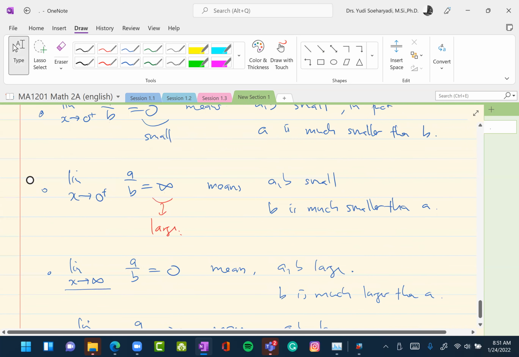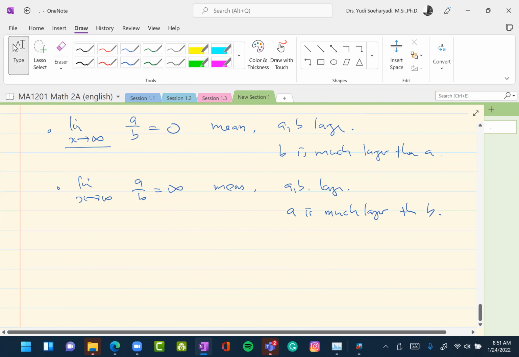Okay, so this is the main idea behind what we'll do in indeterminate forms. All right, I should stop here. We'll start the material tomorrow, but this is the key idea. We will try to compare A and B more precisely, how big and how small.